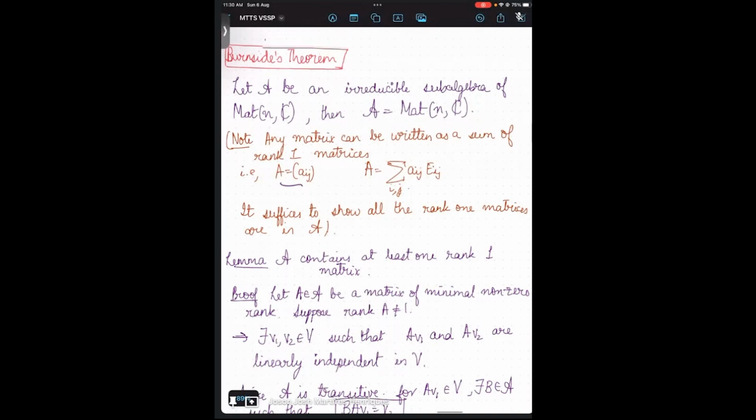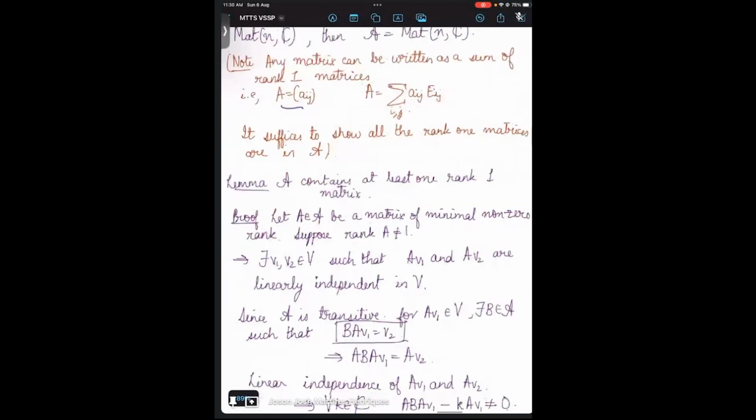In that case, I know that the image space is at least going to be 2-dimensional. So I would be able to find 2 linearly independent vectors in the image space. So that's what I write here: I will be able to find AV1 and AV2, which are linearly independent in the image.